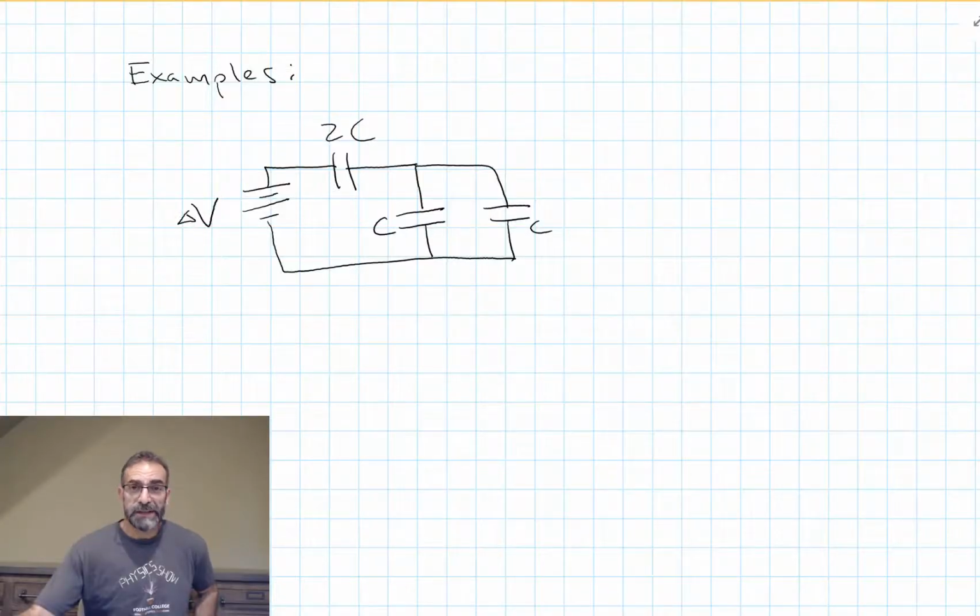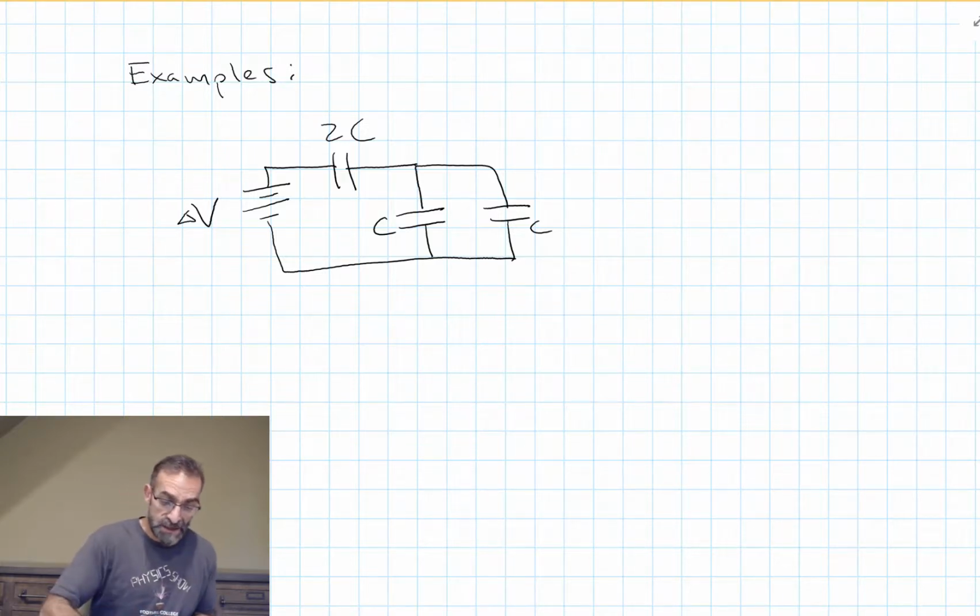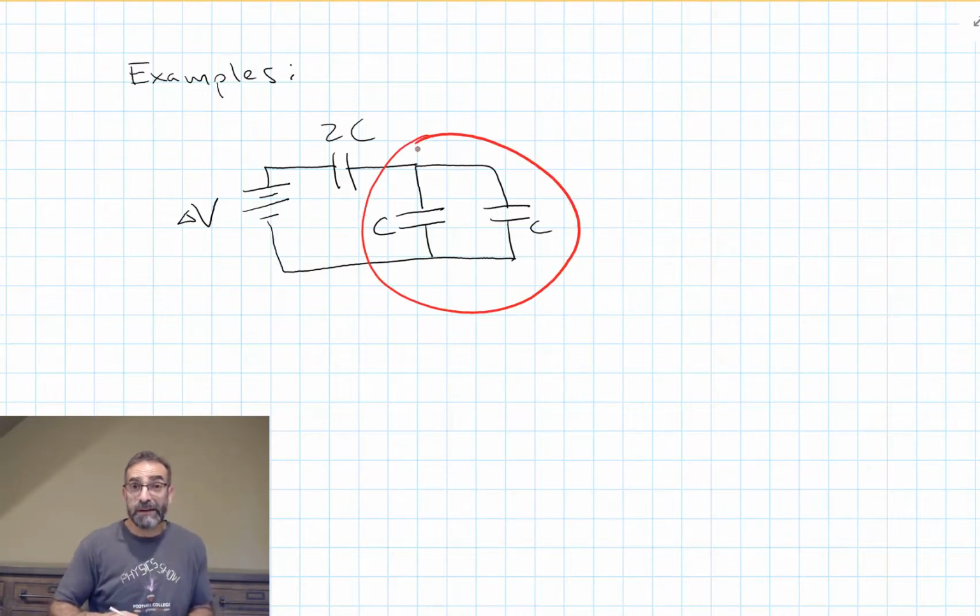Now take a look at this circuit and see if you can come up with one equivalent capacitor that when hooked up to this same battery would store the same amount of charge and energy as this circuit with 3 capacitors. I try to spot combinations right away. Here I can see these 2 capacitors are in parallel.